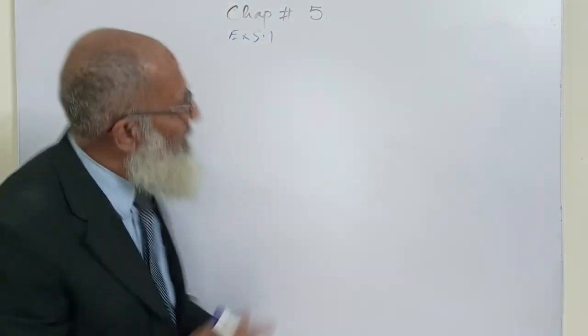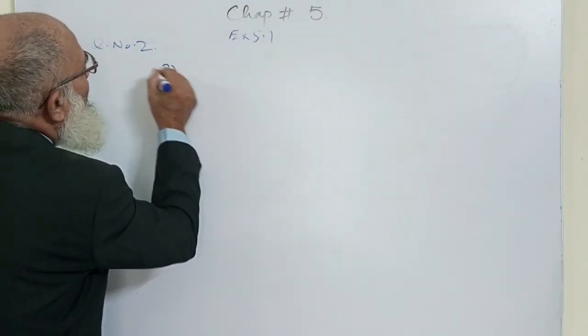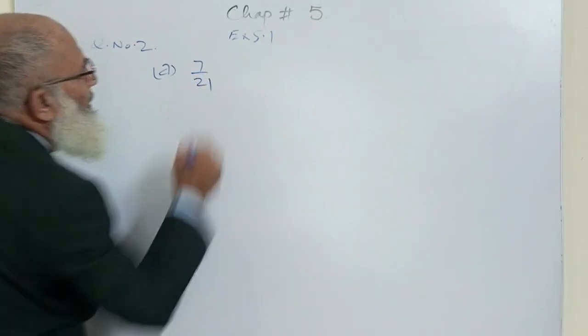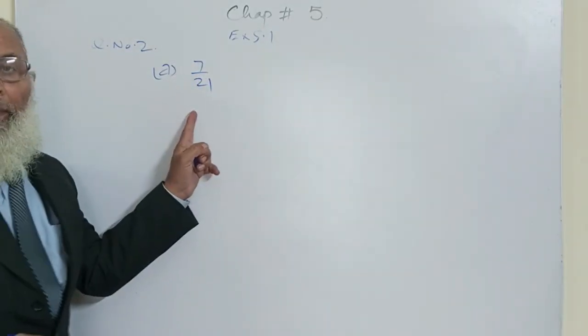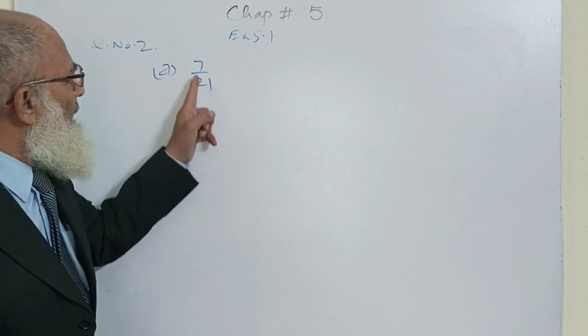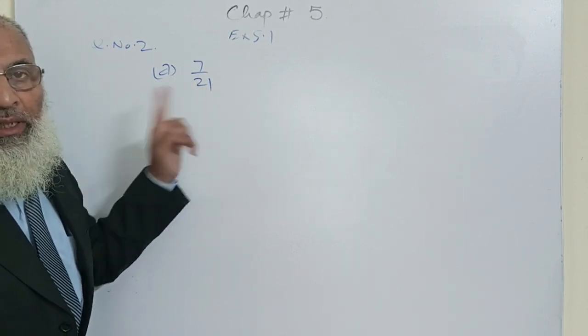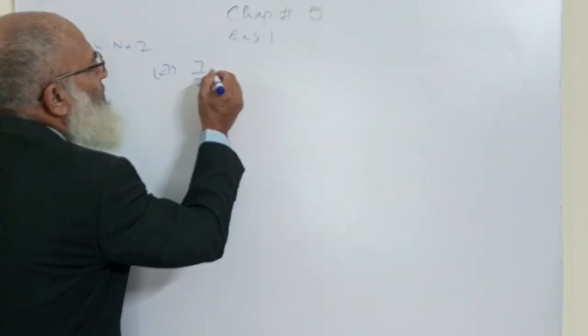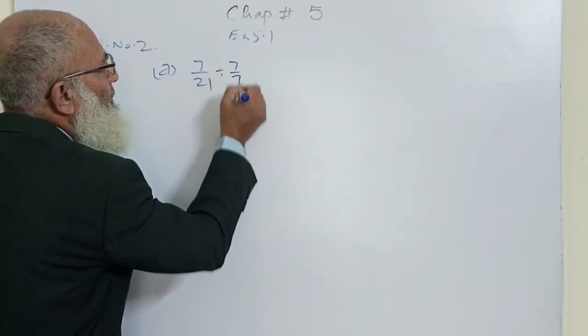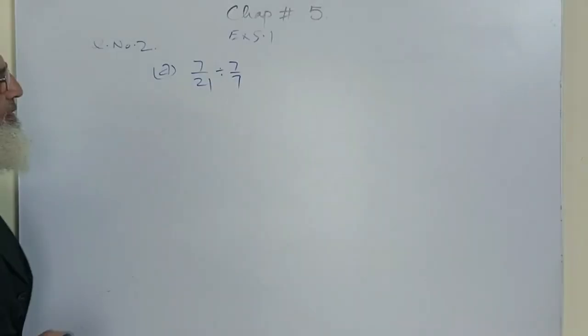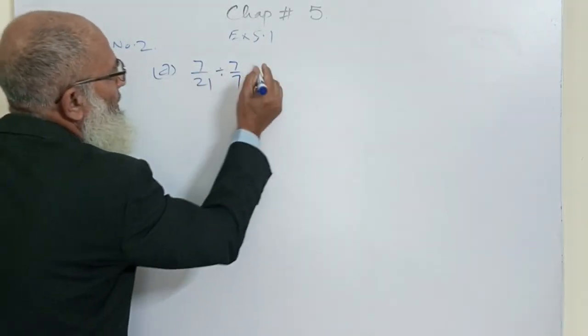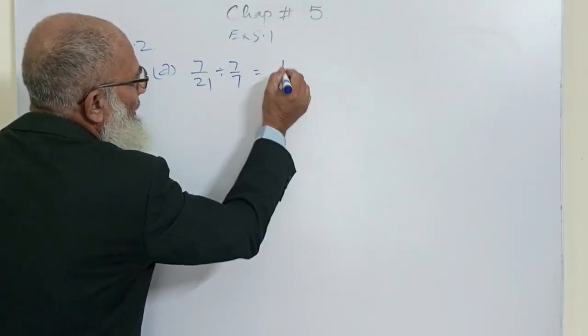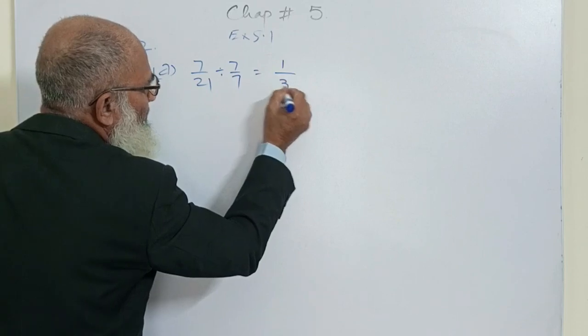The first is 7 upon 21. You see both of the numbers are divisible by 7. So what we will do? We will divide by 7 like this. Now it will become 1 divided by 3.